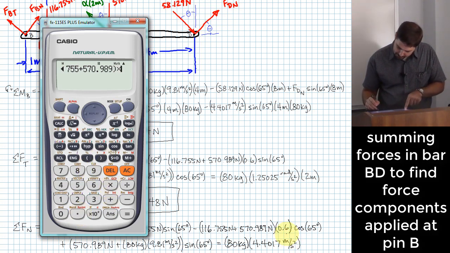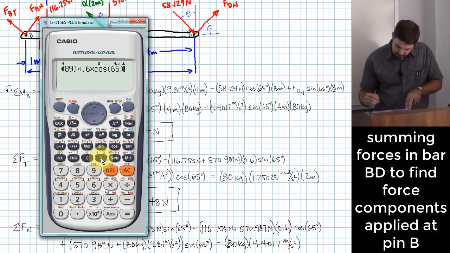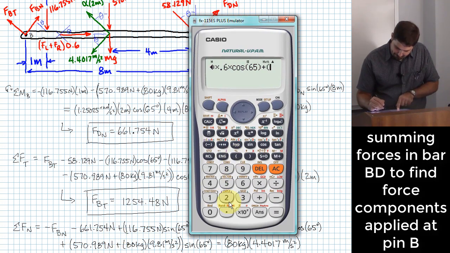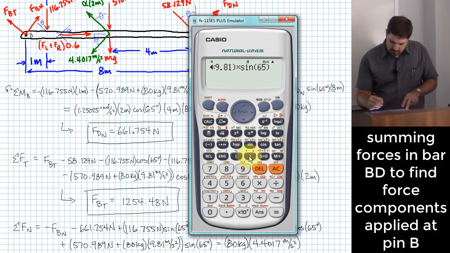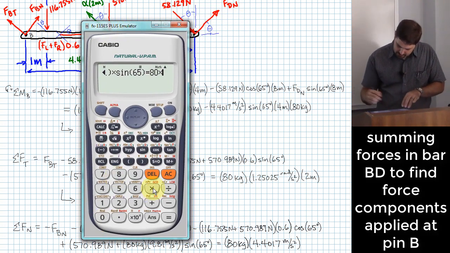All that gets multiplied by 0.6 and by cosine of 65, plus 570.989 plus 80 times 9.81, and that all gets multiplied by the sine of 65. This is all going to be equal to 80 times 4.4017.